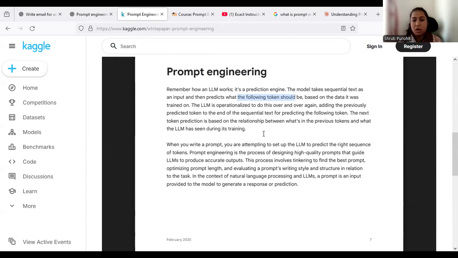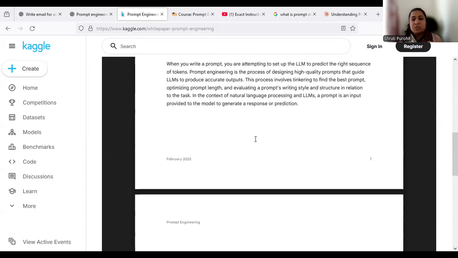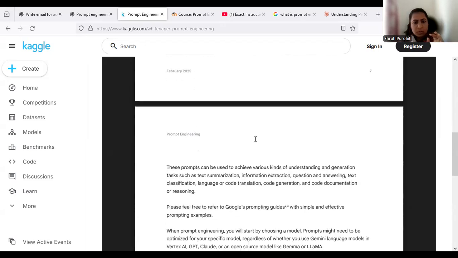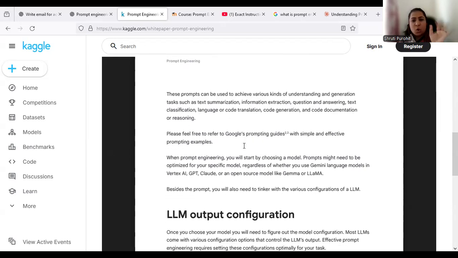As I mentioned, "how are", after that if you put the dash, it will give you the related sequential token after that particular word. So the next token prediction is based on the relationship between the previous token and the next token, as suggested during the training of that LLM model. When you write a prompt, you are attempting to set up the LLM to predict the right sequence of tokens. So these are some concepts.